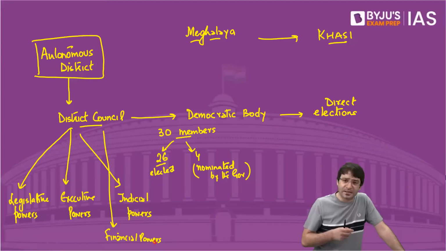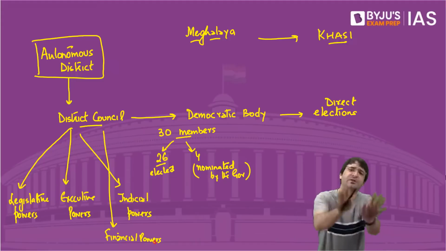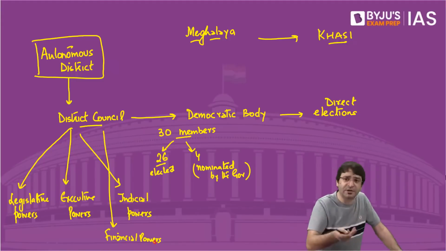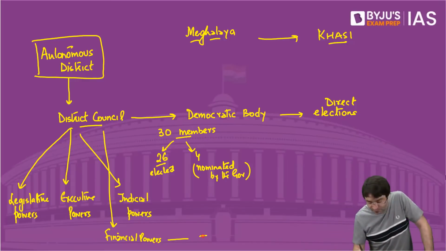Autonomy in the sense that you will have a district council. In your particular district, it is as if you are running your entire country. You are running your own country. Because you will decide what are the taxes that you will impose on the people.